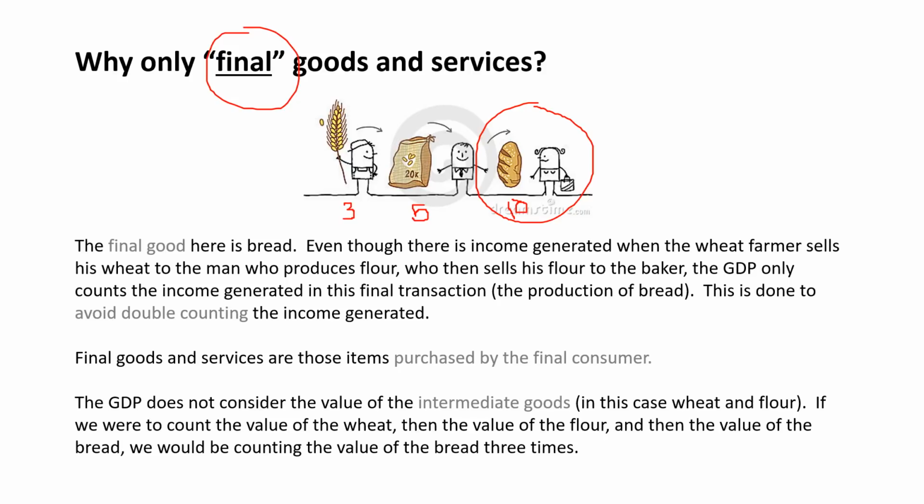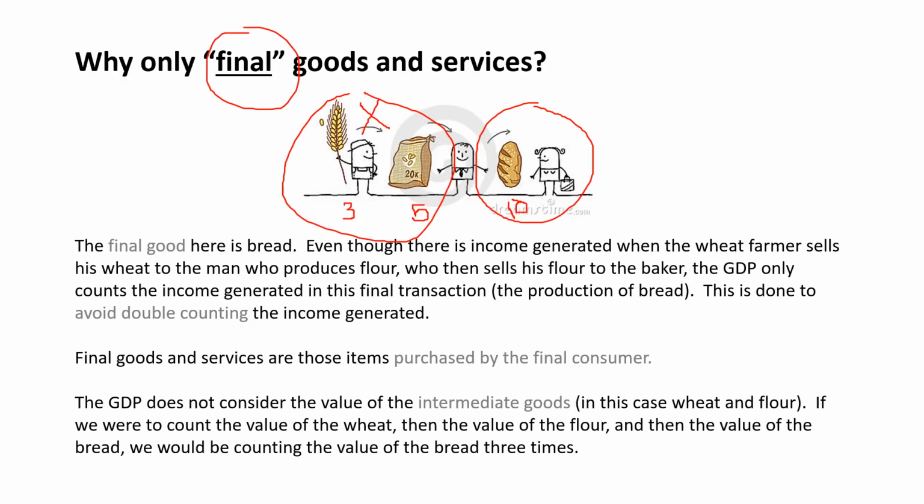We will not count all of these intermediary goods, which in this case are the wheat and the flour, to avoid double counting. Okay, so we won't take these in our calculation when we want to calculate the GDP, because these are intermediary goods.